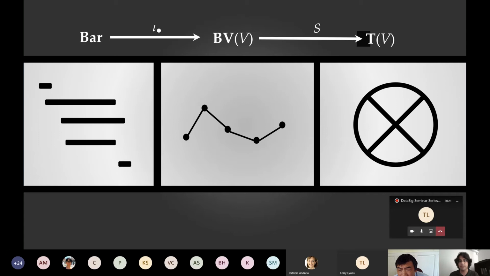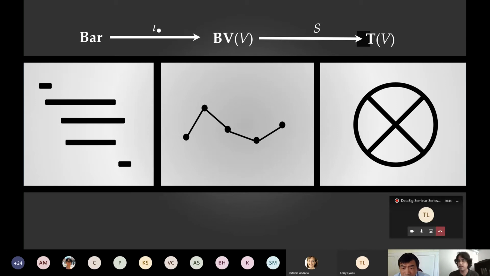Then you get something in the tensor algebra, and now you have something living in a vector space. So that second map is the signature, and I've been singing its praises for a long time. So maybe what I should do is give you examples of what the first map can be, this embedding of barcodes into bounded variation paths.